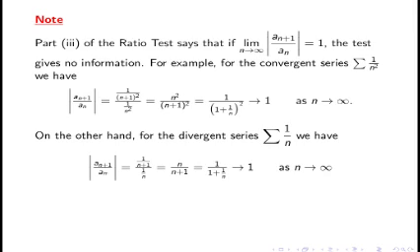And so here we've got one example of a series that converges and that testing limit is 1, and one example of a series that diverges and that testing limit is also 1, which means these examples now show you that in the ratio test, if it turns out that the limit as n goes to infinity of the absolute value of a_(n+1) divided by a_n is 1, then the test gives us no information. The series could be convergent or divergent.